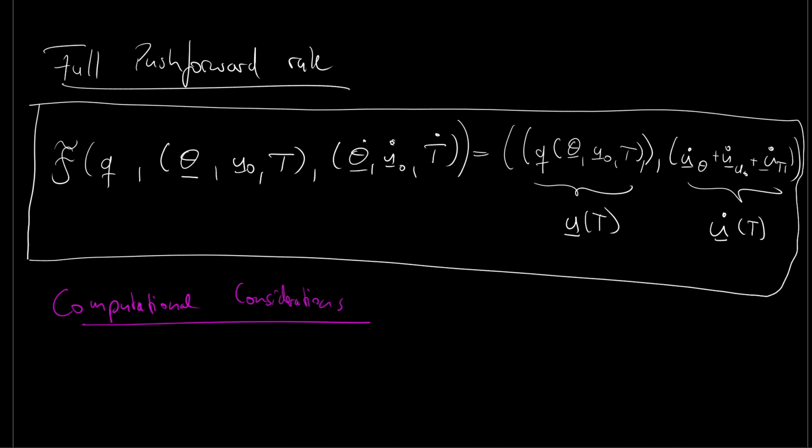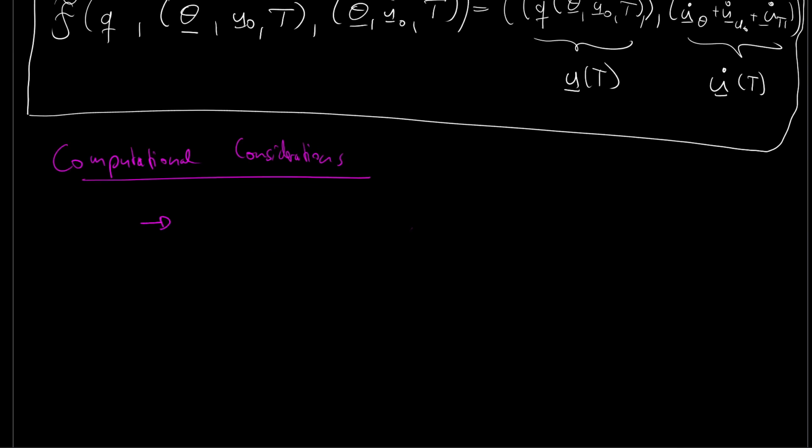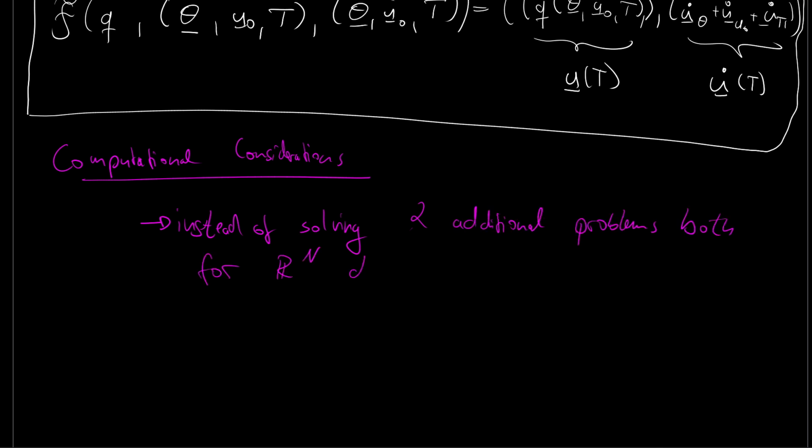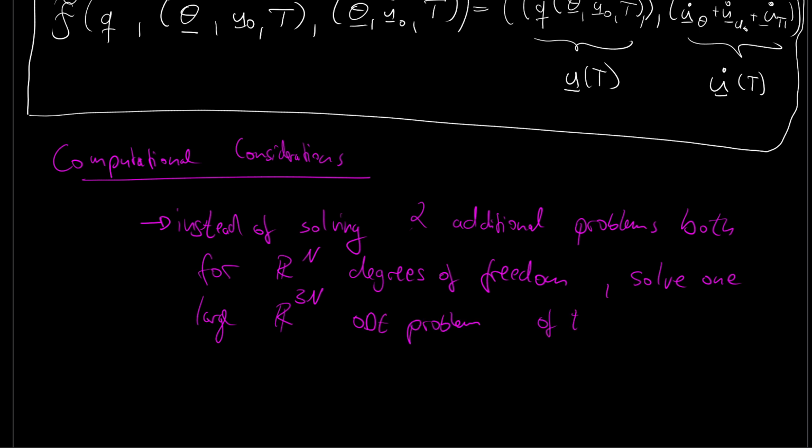And let me write this down in an unnecessarily long sentence. So let's say instead of solving two additional problems, both for R to the n degrees of freedom, so this is essentially the size of the vector function we want to integrate, we solve one large R to the 3n ODE problem of the tangent propagation. So this is again kept general for both the contributions from the parameter vector as well as the initial condition. And we want to do this together with the primal pass.